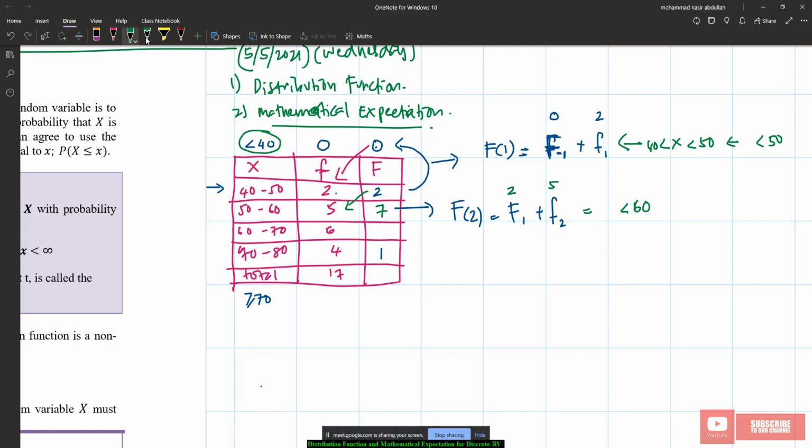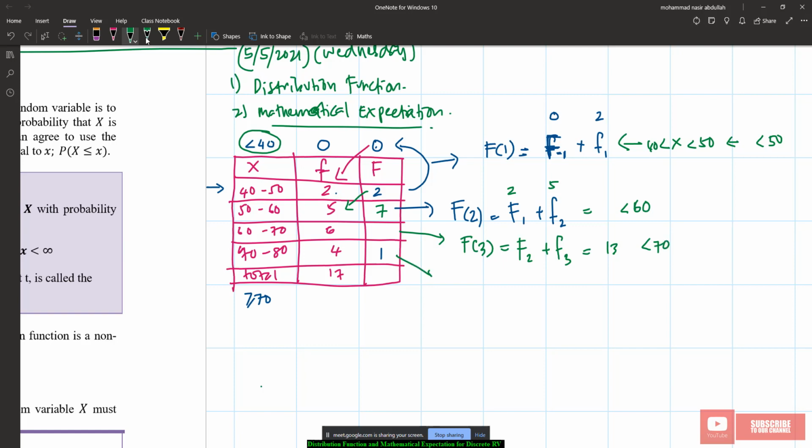For row number 3, the cumulative frequency is the cumulative frequency of row number 2, before row number 3, plus the frequency of number 3. So this one should be 7 plus 6 equals 13, and this one should be less than 70.